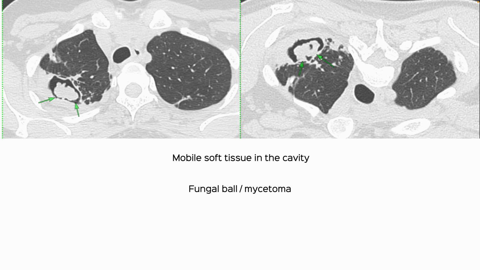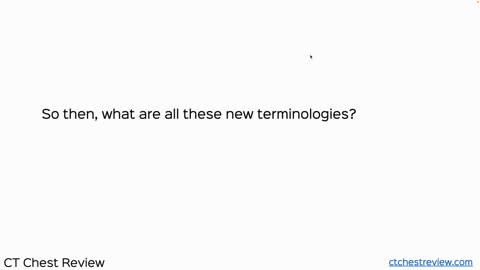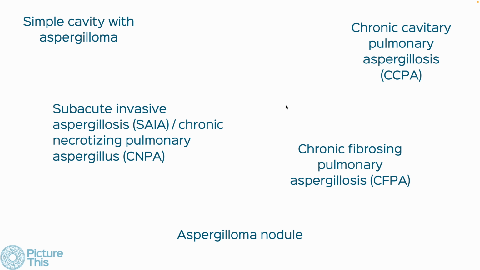And for many years, this was good enough until a few years ago, these terminologies cropped up: CPA, CCPA, CFPA, CNPA, and it really is a little confusing. So, what are these terminologies? A fungal ball in a cavity comes under the umbrella label called CPA, or chronic pulmonary aspergillosis, which is different from ABPA and which is different from aspergillus infection that occurs in immunocompetent and immunocompromised individuals in the parenchyma.